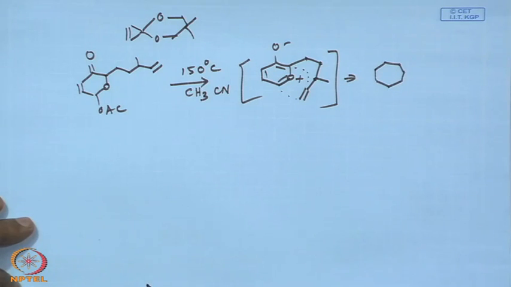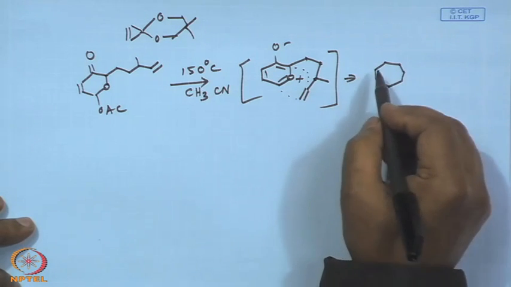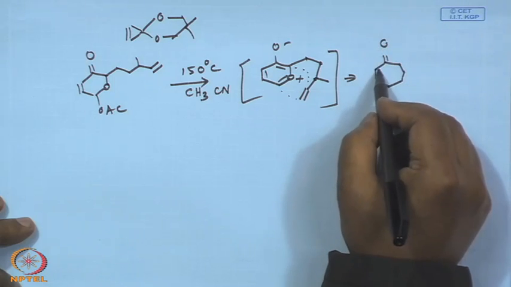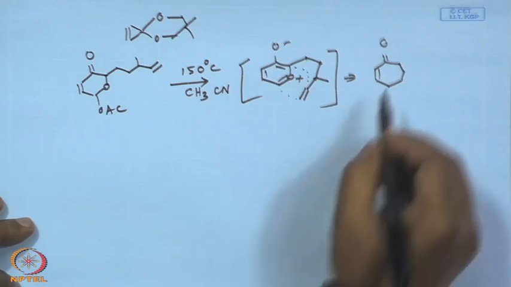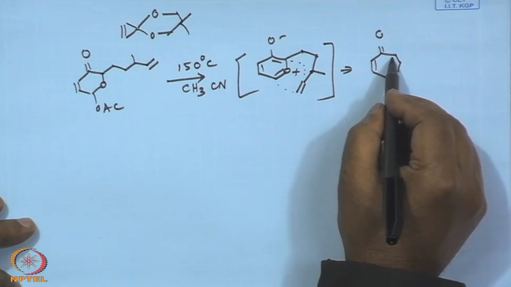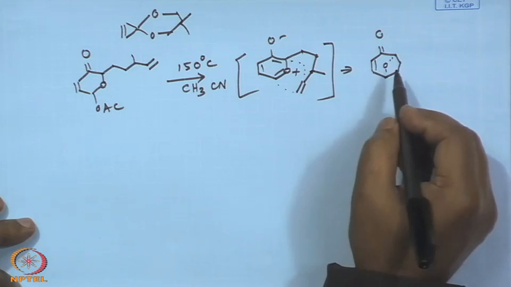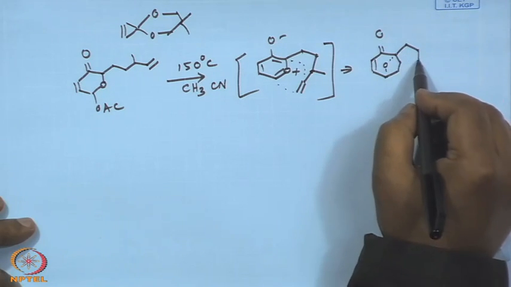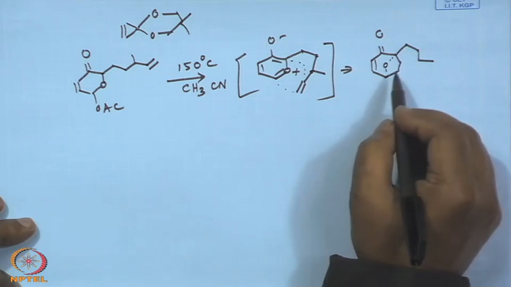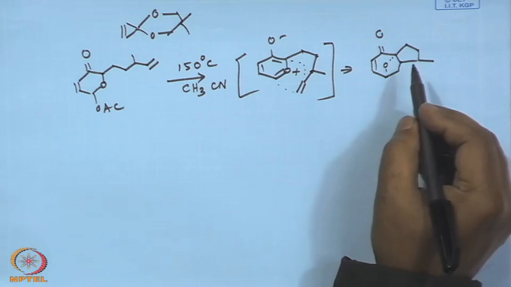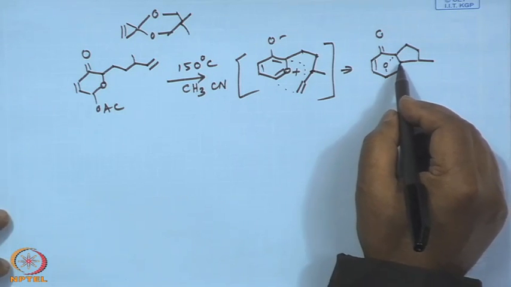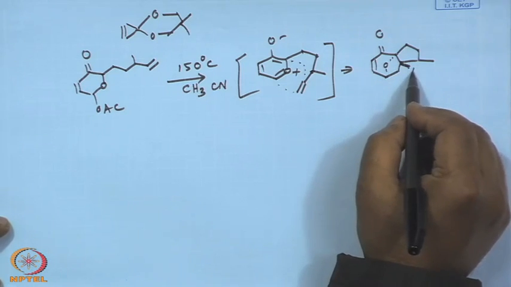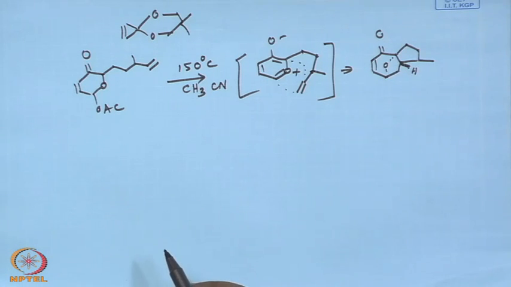a 7 membered ring. To remember easily, you have to have an alpha beta unsaturated system. You will have an oxygen part here, and then the substituent goes with 2 carbons, the third one carrying a methyl group here, and by virtue of steric effect this hydrogen would be beta here.